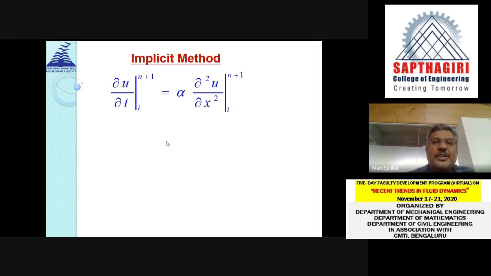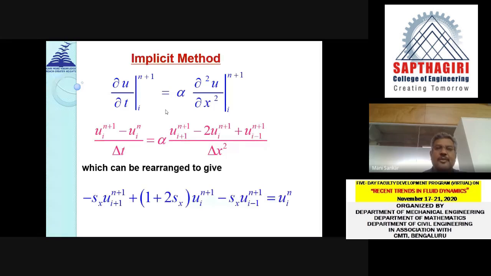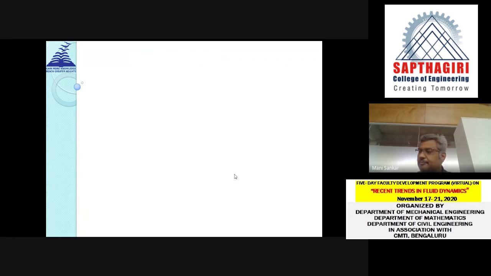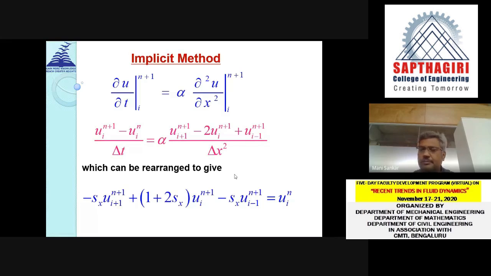When you look at the implicit method, the only difference is that I'm discretizing at the n plus 1th time level. When we follow the same forward time centered space, I get a finite difference equation like this. Here, on the left hand side, we have more than one unknown. On the right hand side, we have only one unknown and one known.